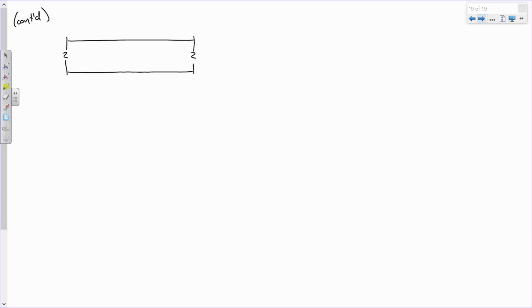And so we've got main steel, number 4 at 10 inches, and number 4 at 18 inches. This dimension, 6 inches. That dimension, 5 inches.